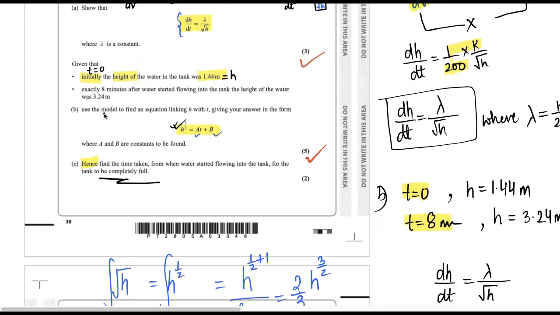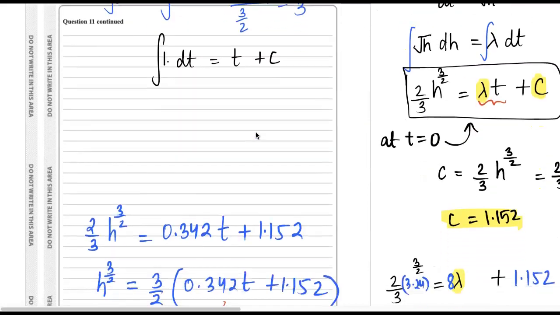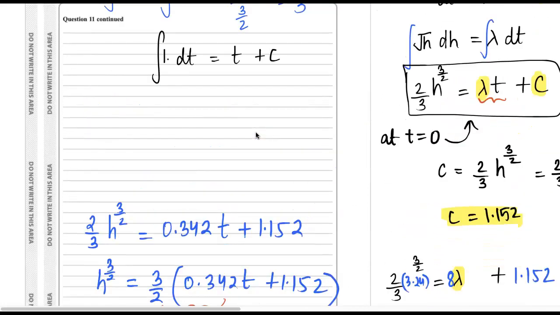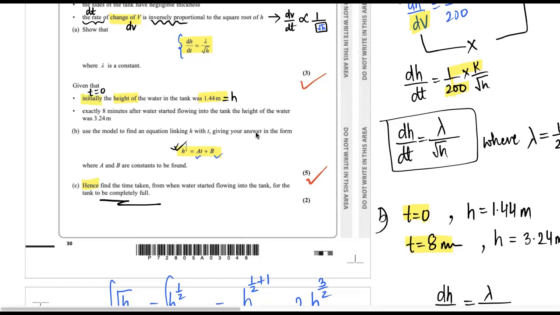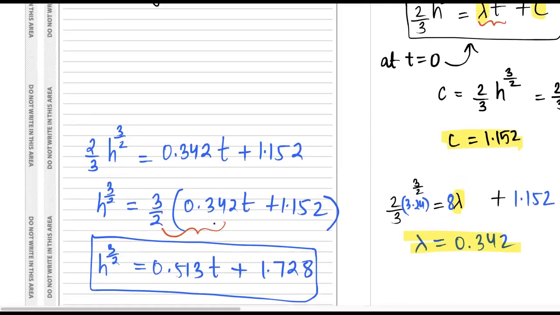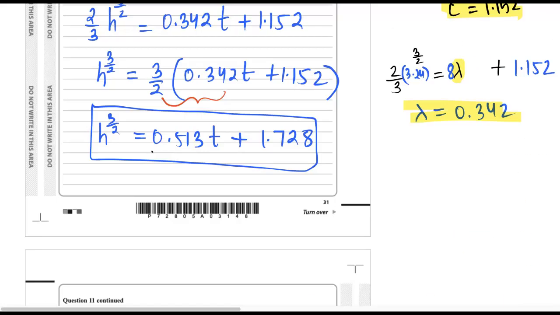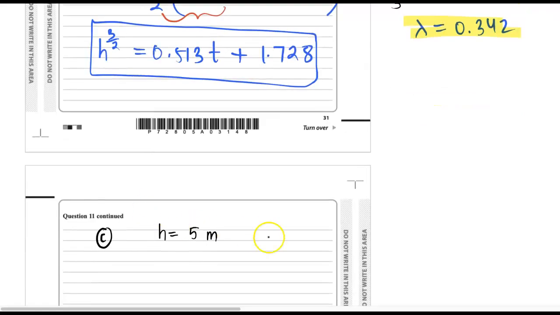We have the equation in terms of h. We have to find the time when your tank is going to be completely full. They are indirectly saying the value of h is 5 meters, so we are smart enough to understand that the tank is completely full. So it is 5, and we have to find out the value of t.